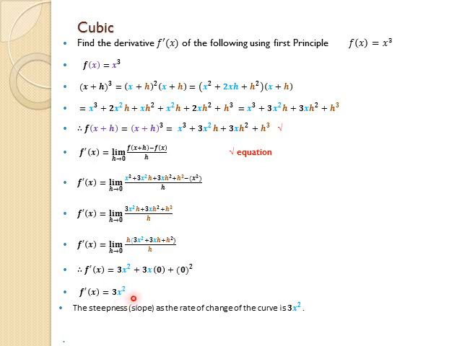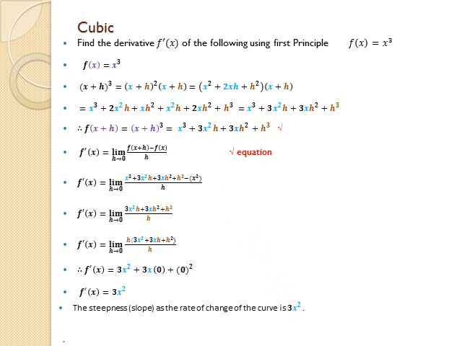And as I say, when you do rules of differentiation, 3 times 1 gives me 3, 3 minus 1 gives me 2. So that is 3x squared. So the steepness, the slope, the rate of change of the curve, is 3x squared. So the rate of change of a cubic function will always be the equation of a parabola.